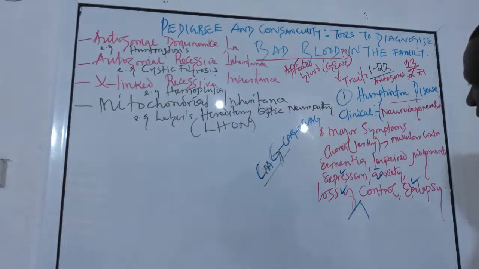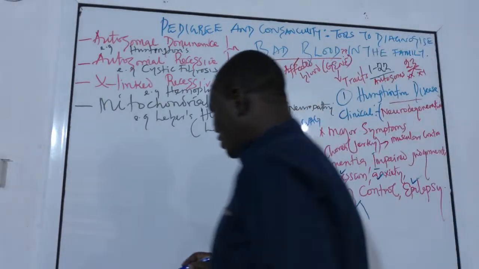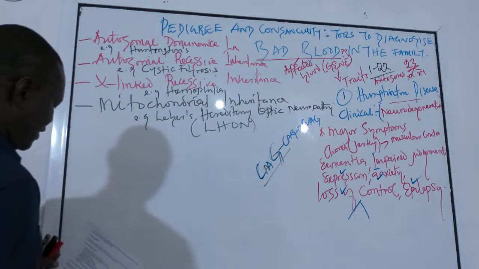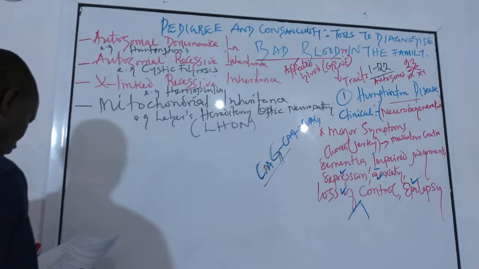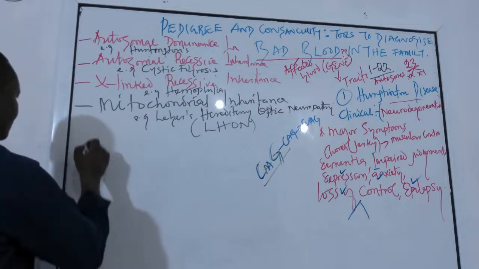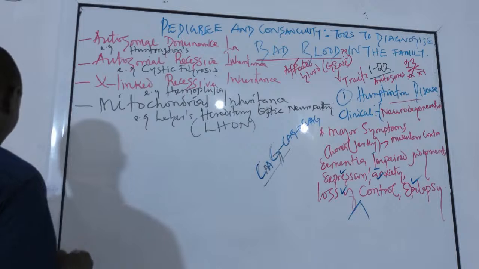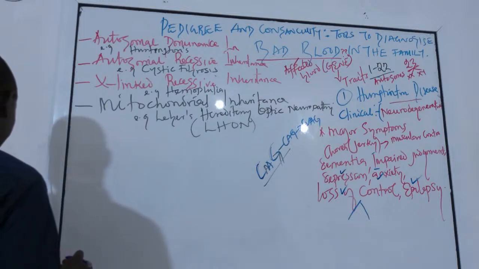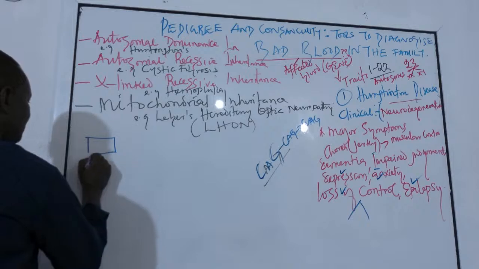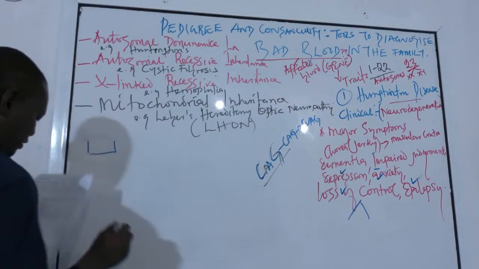So let's now look at the pattern by which this can be inherited, or passed from one generation to another. The first one is that the father will be affected. The father will be the one that is affected, okay?